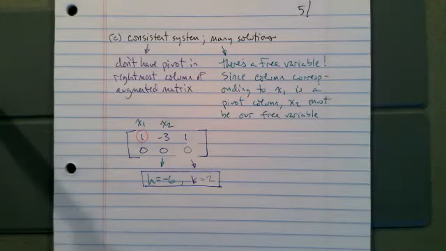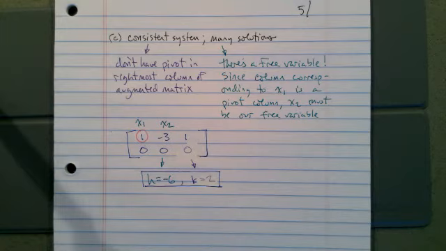So in 1.2, part C, there's a row of zeros that's above a non-zero row. And so that's not in either echelon form or reduced echelon form. So part 1A is reduced echelon form. Each of the pivot columns contains a 1 and zeros everywhere else.